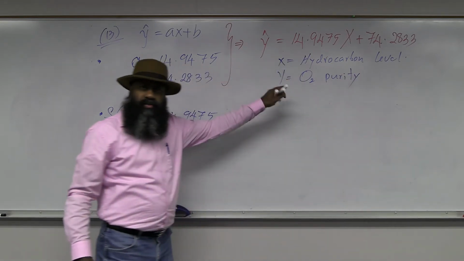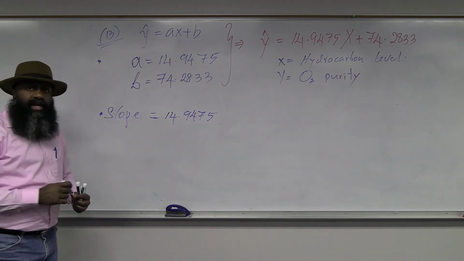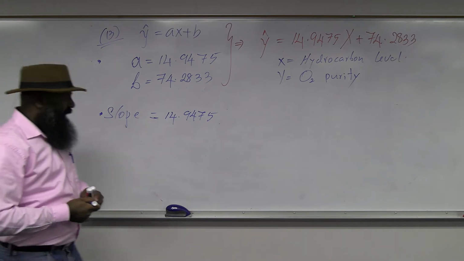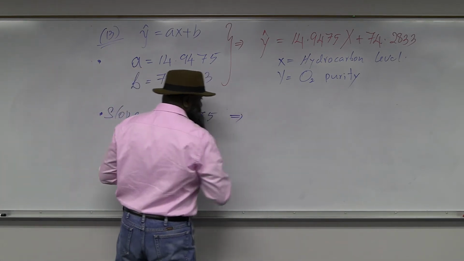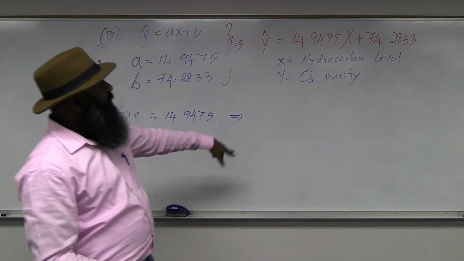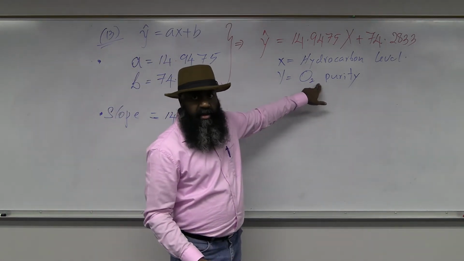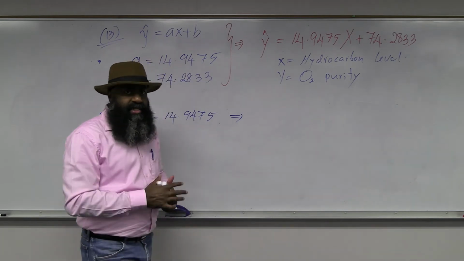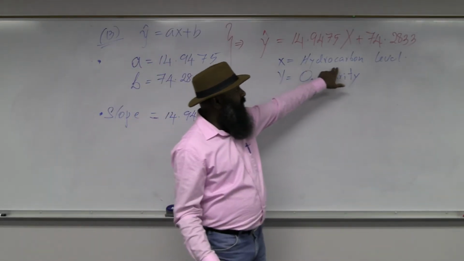So I have to use those variable labels when I do the interpretations. We said slope represents the expected change of the response variable, which is this guy y, for a unit increase of the explanatory variable, which is hydrocarbon level.